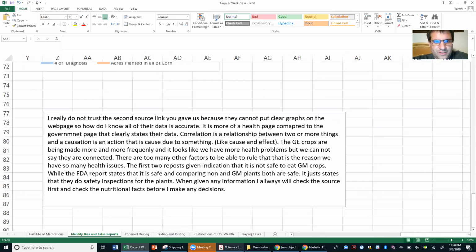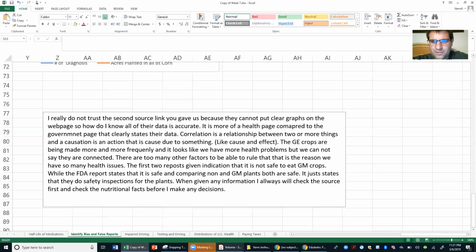I don't really trust the second source link you gave us because they cannot put clear graphs on the web page. So how do I know all of their data is accurate? It is more of a health page compared to a government page that clearly states their data.